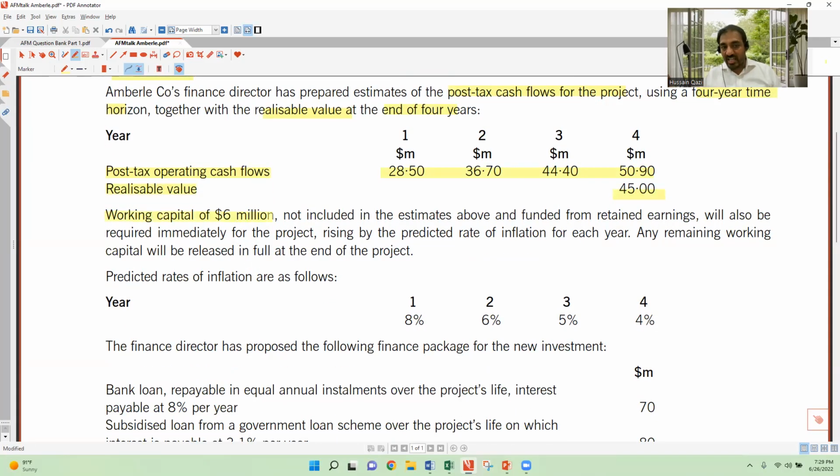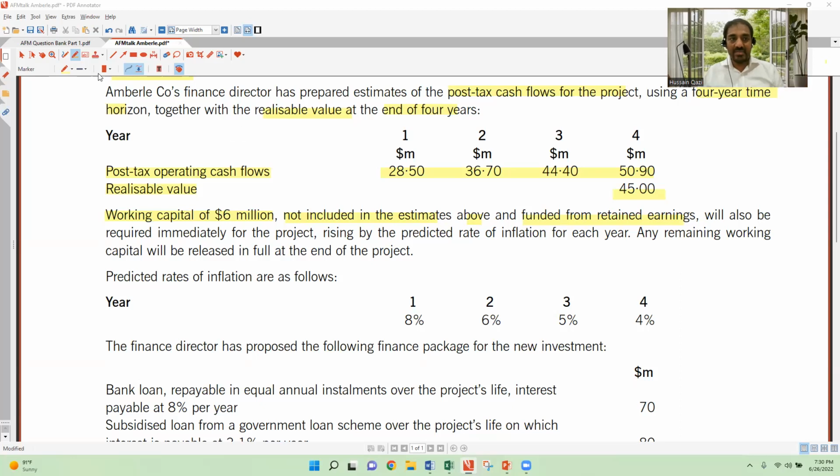Working capital of 6 million is not included in the estimates above, and is funded from the retained earnings.